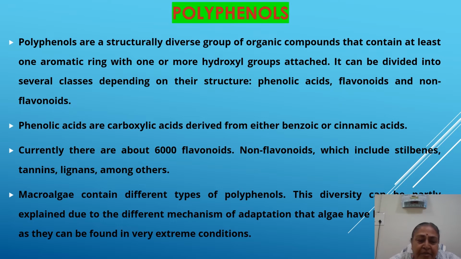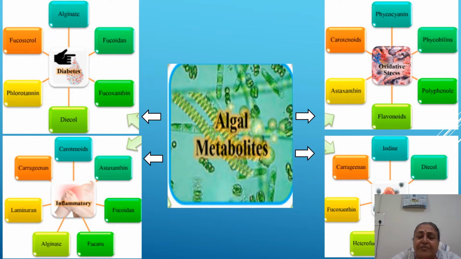can be explained by the different mechanisms of adaptation that algae have, and they can be found in very extreme conditions. They survive, and they generate these polyphenols even during stress conditions. They generate these polyphenols to protect themselves, and these polyphenols can be explored.